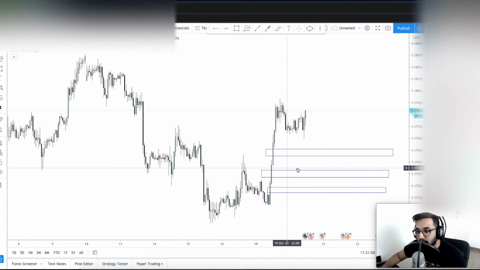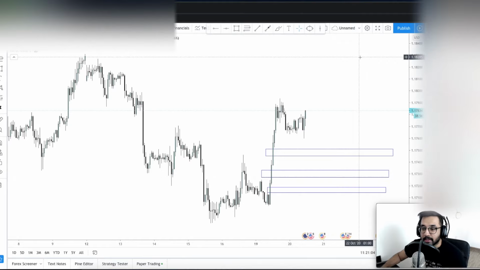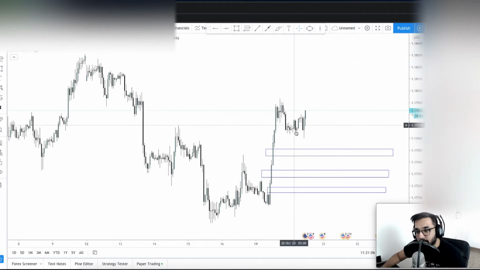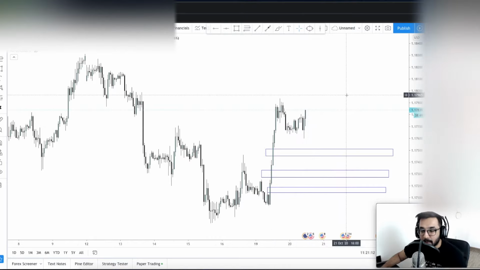Or chances are the market is going to violate all these imbalances, fill all of them out, come back to this zone and then reverse. It doesn't matter. You will win some, you will lose some. But the most ideal trades are whenever there's liquidity just above or below the imbalance.